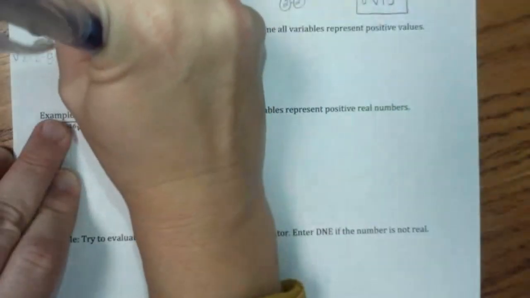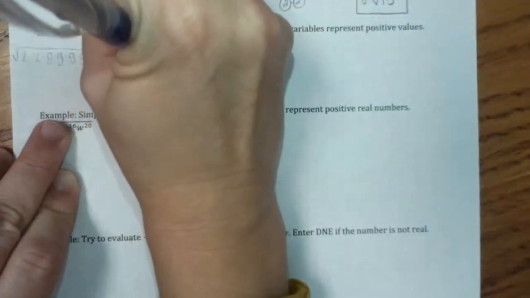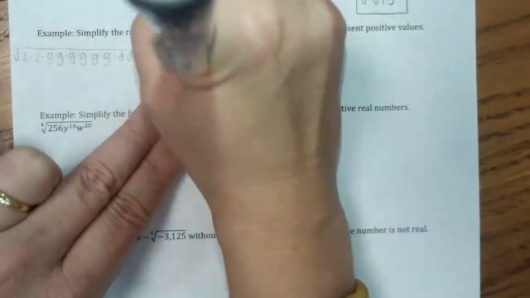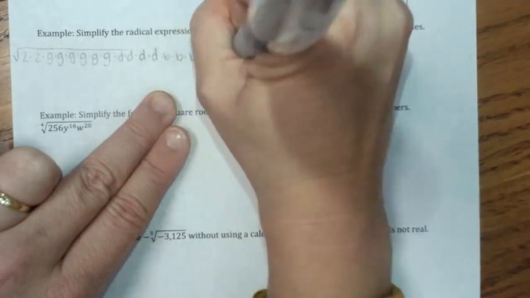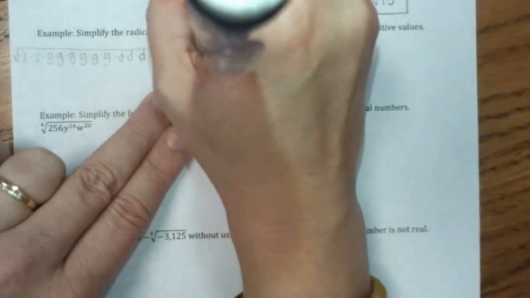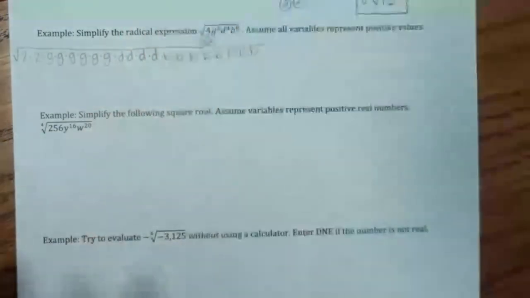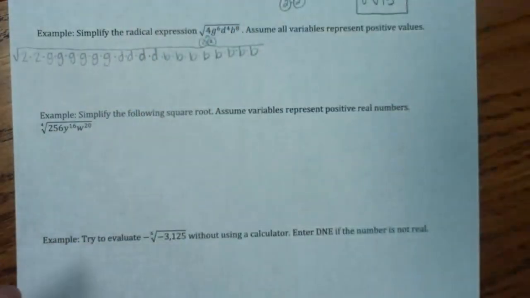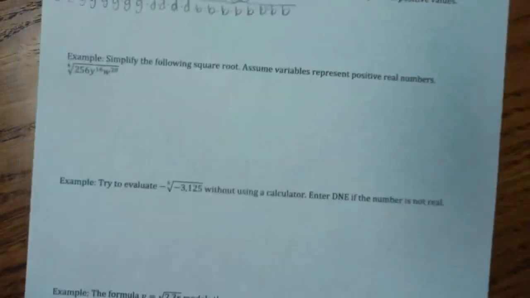D to the 4th, so 1, 2, 3, 4 d's, times b to the 8th, so 1, 2, 3, 4, 5, 6, 7, 8 b's. I just wrote everything out. I like this way because it's really tangible. You can really see what's going on behind the scenes.